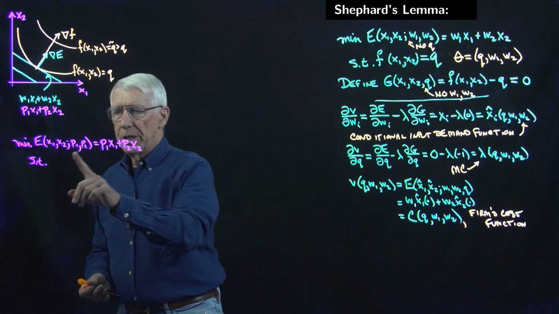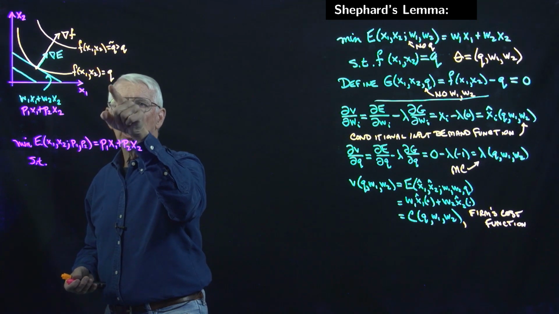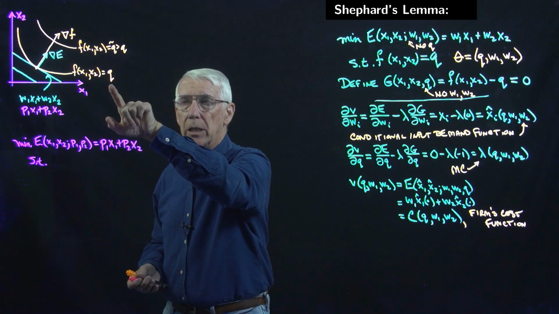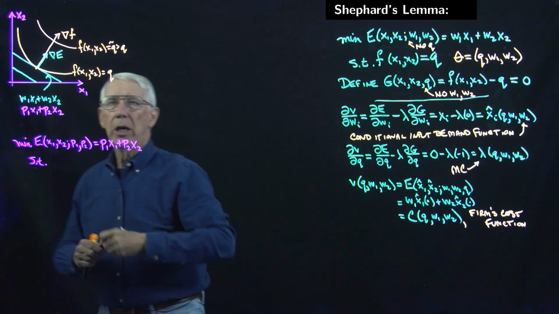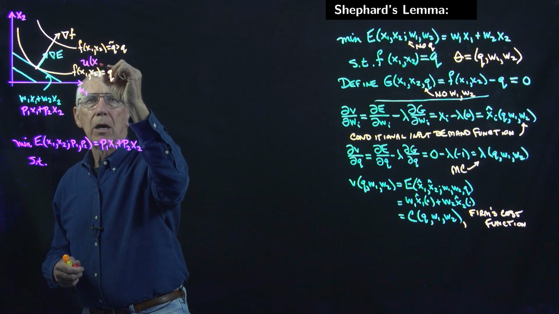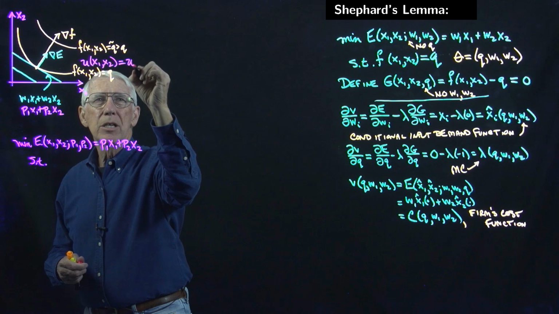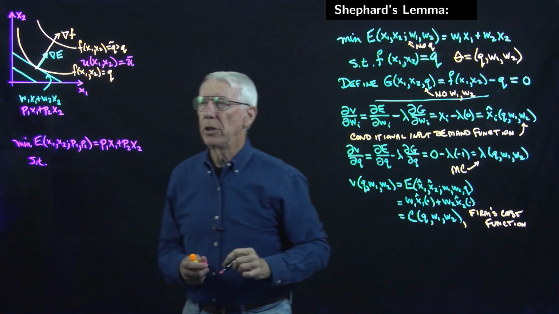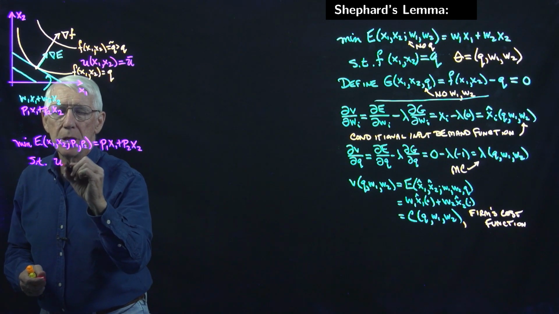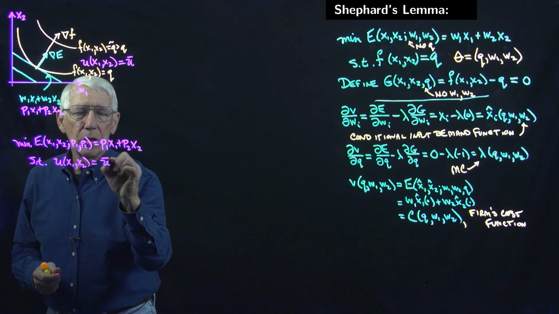And we're going to say that the consumer is doing that so as to achieve some target utility level, in parallel with what we did for the firm with a target level of output. So here, I want to replace this with U of X1, X2 equals some target level of utility, for which I'll use a U bar. So this is subject to U of X1, X2 equals U bar.